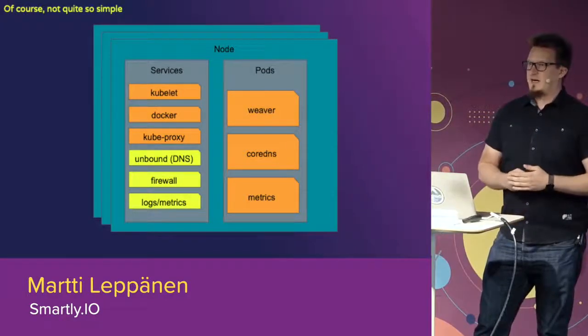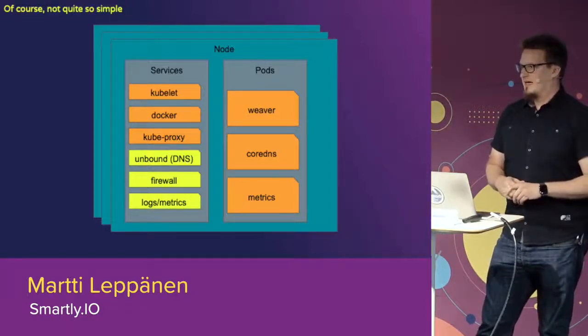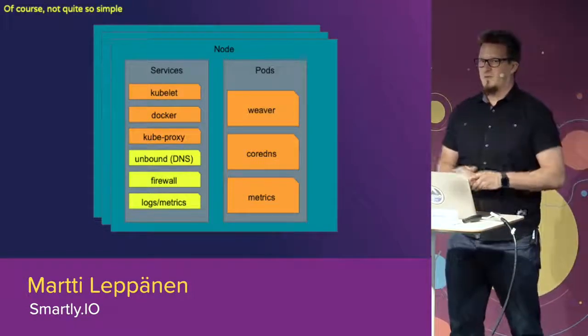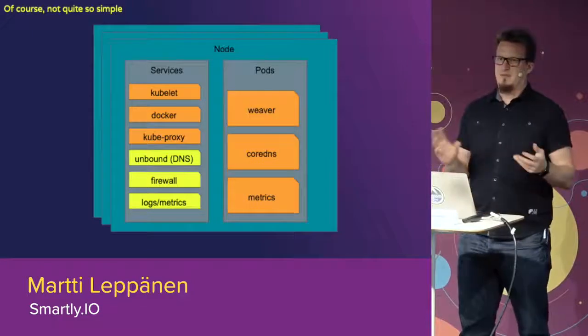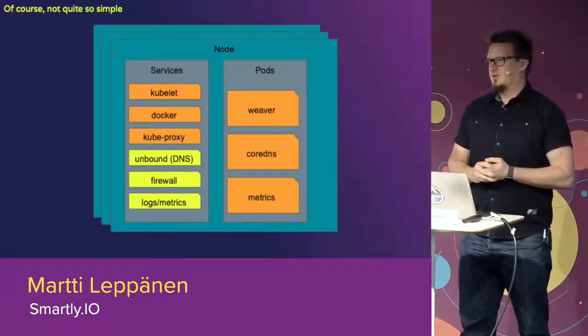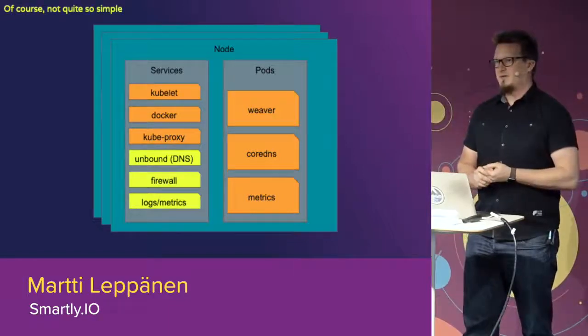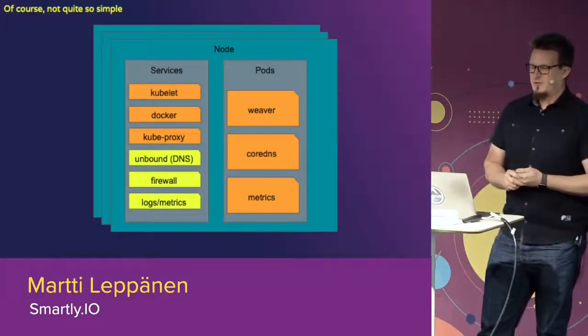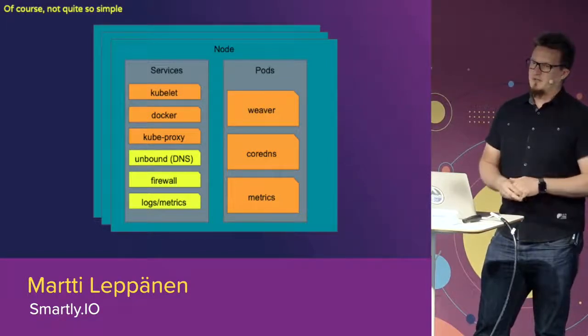Then of course you need a firewall of some sort, because if you have just a computer on the internet, you might want to have a little bit of security in terms of what can be communicated where. You might not want the nodes to be able to accidentally talk to each other in an unencrypted way. So you want to have a firewall between the nodes and within the nodes to make sure that your node is using the correct protocols and the correct ports to communicate.